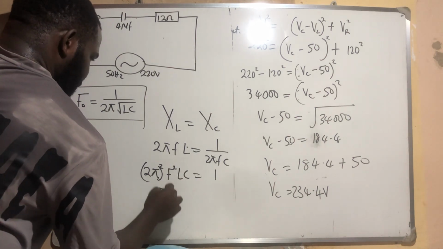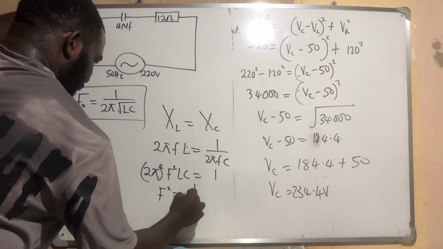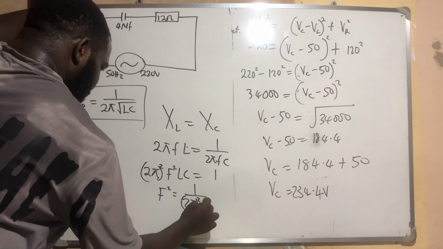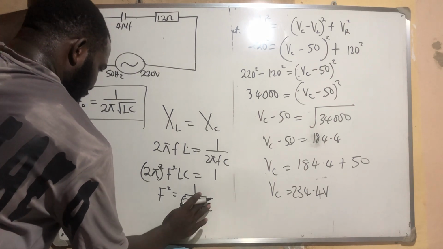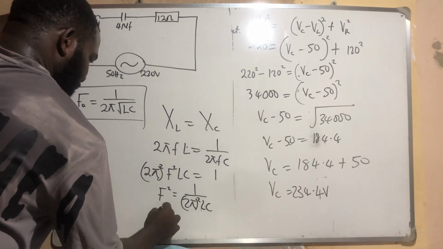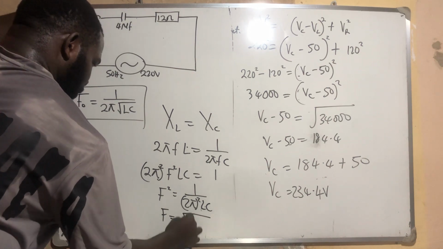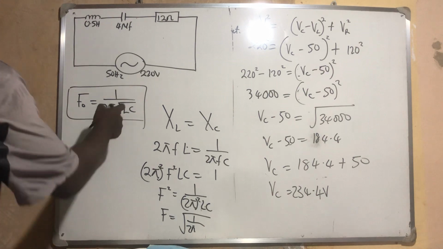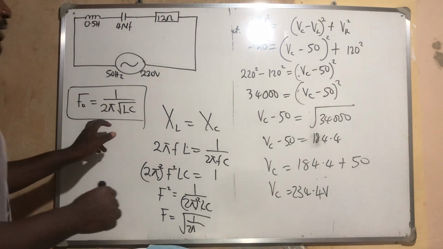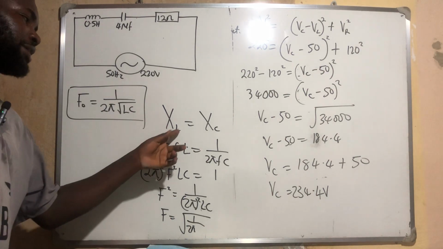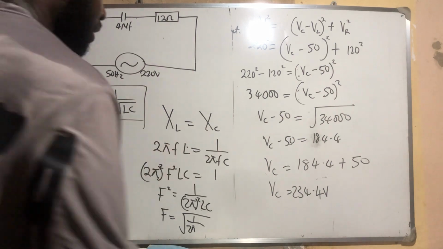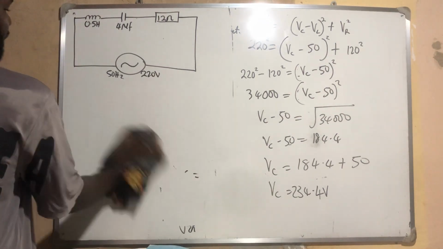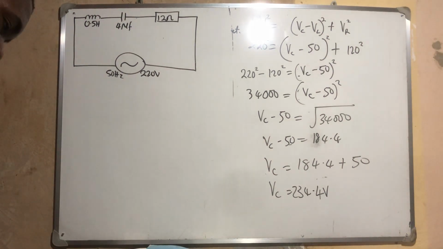So my F squared is equal to 1 over 2 pi all squared, then LC. So you see that the F I'm looking for is the square root of everything, 1 over 2 pi. So if you cannot remember the formula, just say that your XL is equal to XC, then you get your F. So tell me what you get as the answer in the comment section.